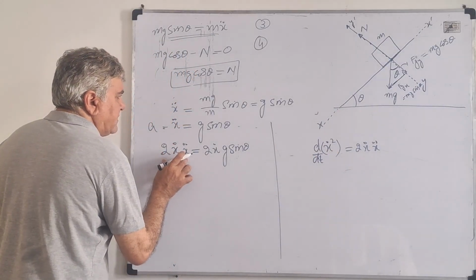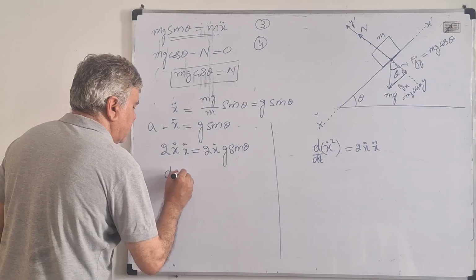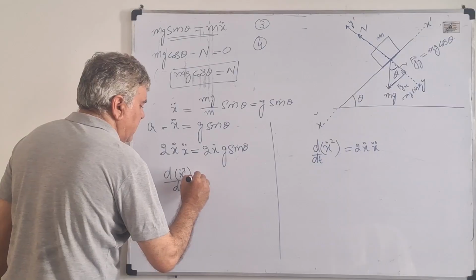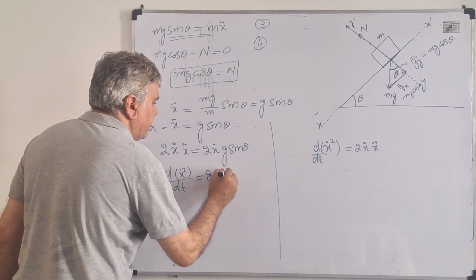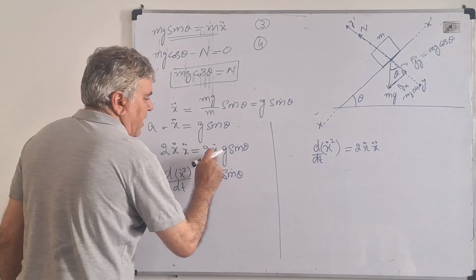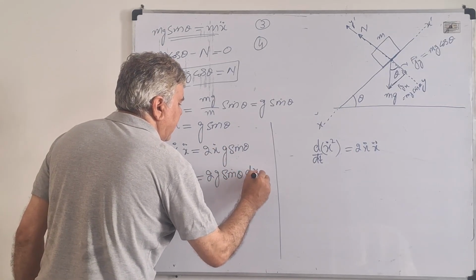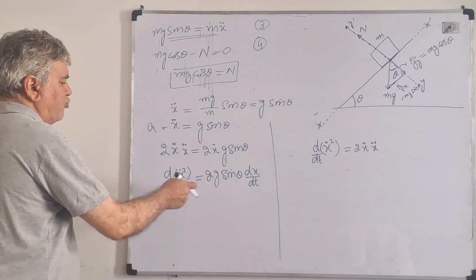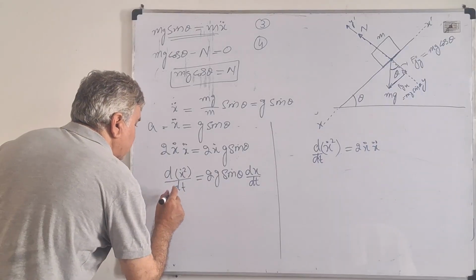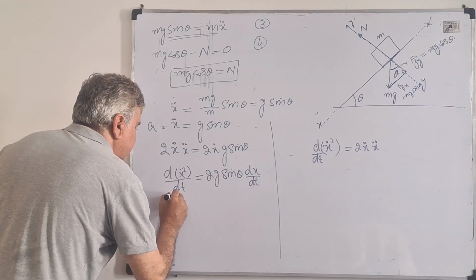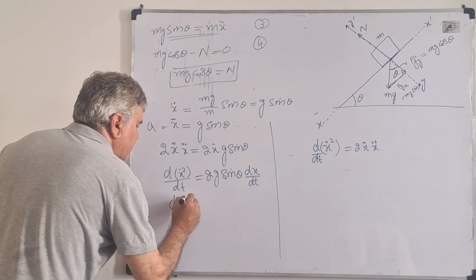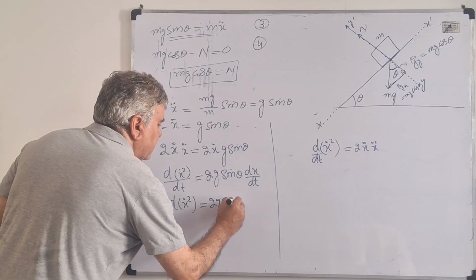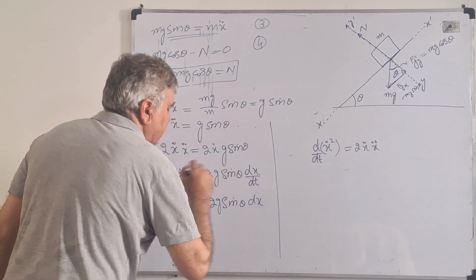So for this I write d x dot squared over dt equals 2g sine theta, and this I'm writing as dx over dt. Now I can drop the dt in the denominator, and can just write this as x dot squared equals 2g sine theta dx.